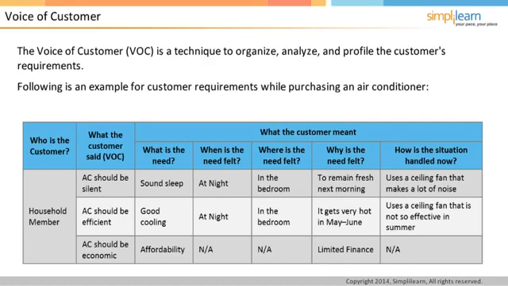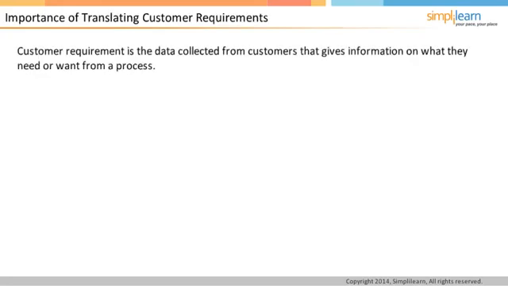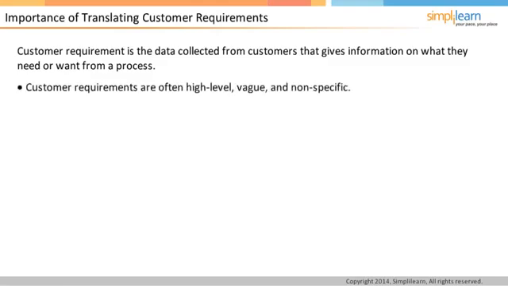Let us discuss the importance of translating customer requirements in the next screen. Customer requirement is the data collected from customers that gives information about what they need or want from the process. Customer requirements are often high-level, vague, and non-specific. Some customers may give you a set of specific requirements to the business, but broadly, customers' requirements are a reflection of their experience.